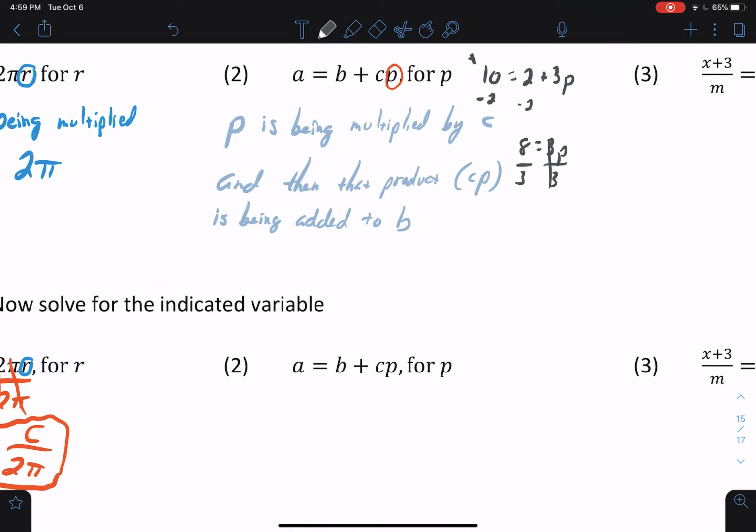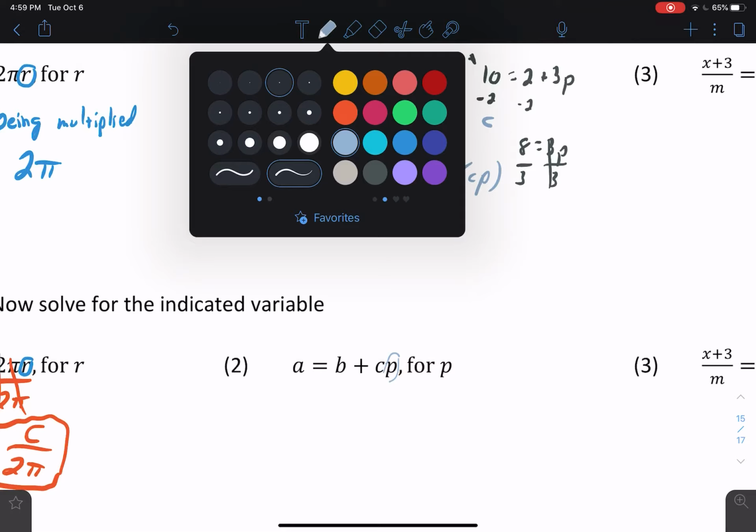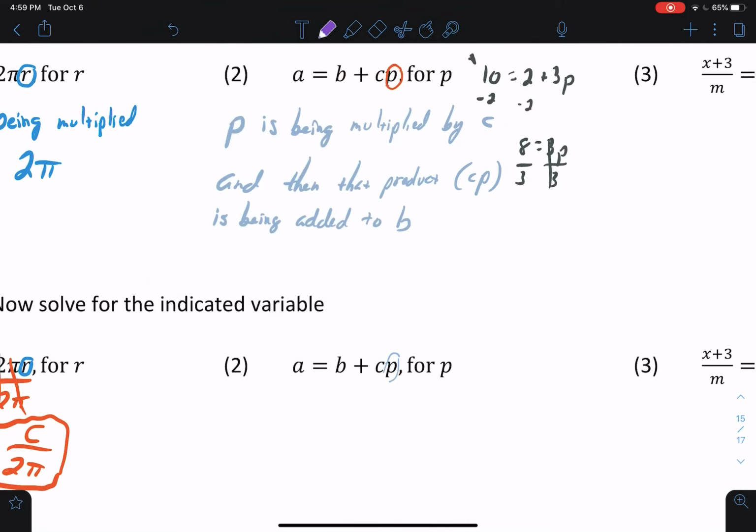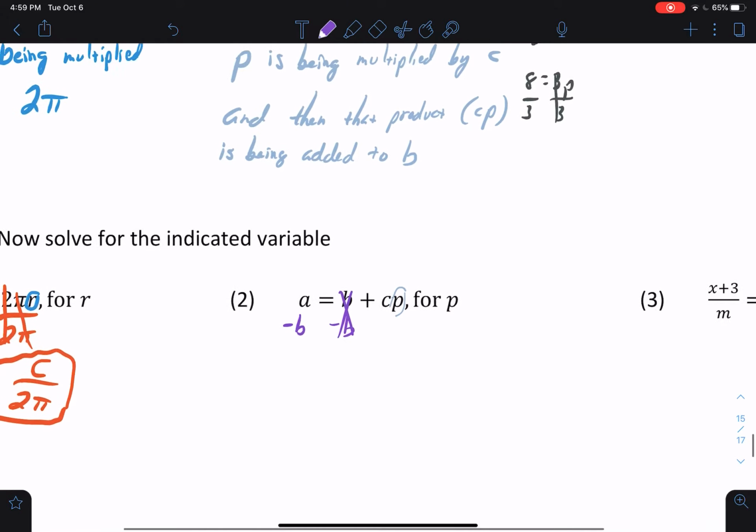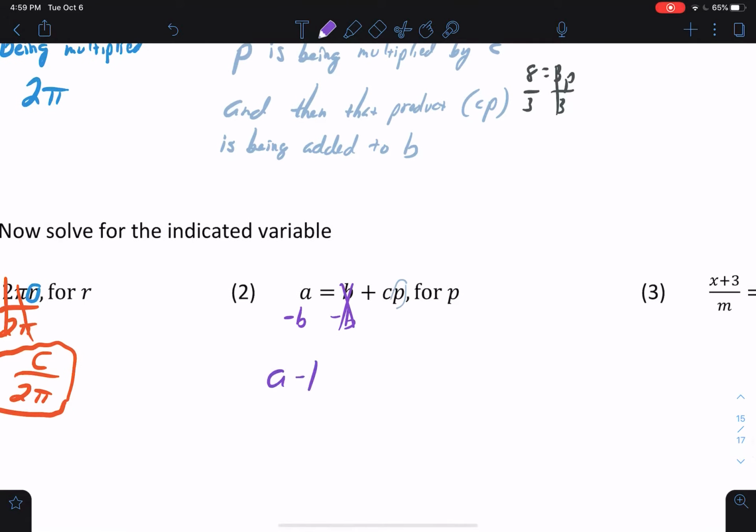We are going to apply those same steps just with the literal equation. So we are trying to get p by itself. The first thing we need to get rid of is this b. How are we going to do that? Well, what did we do with the 2 up here? We subtracted 2 from both sides. So I'm going to subtract b from both sides. Then I've got a minus b, I can't combine those, equals c times p.